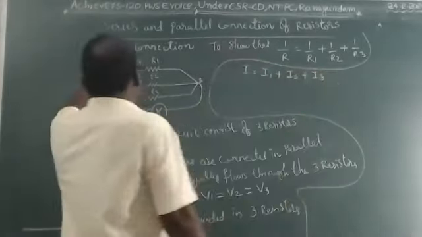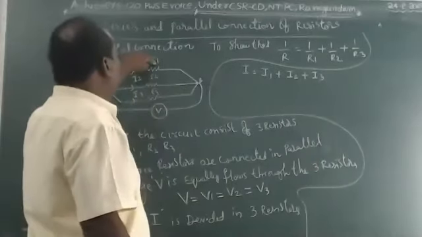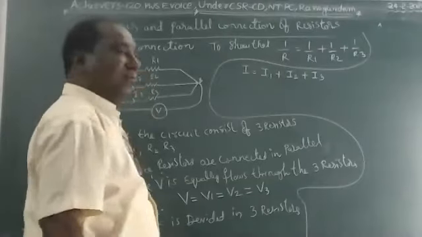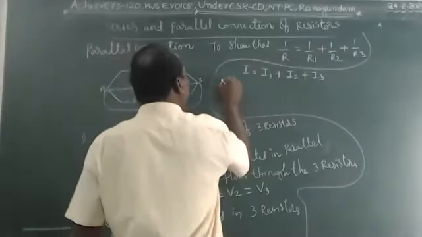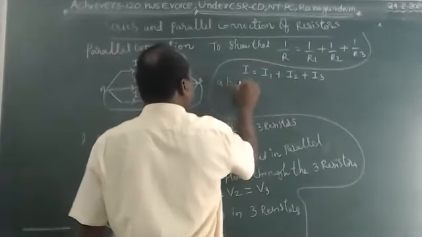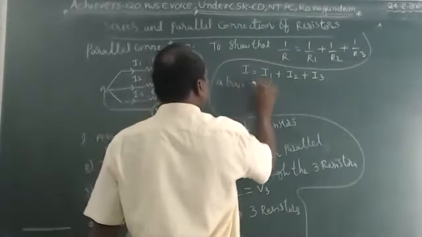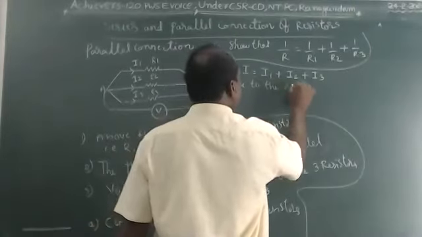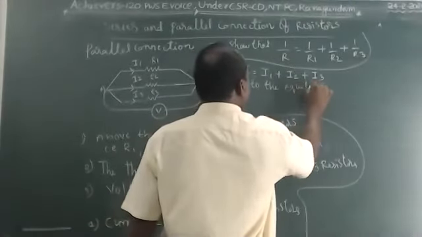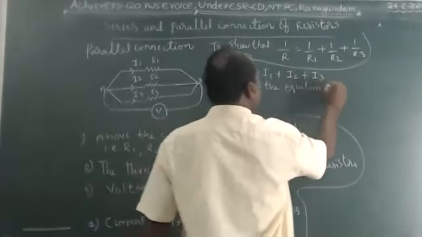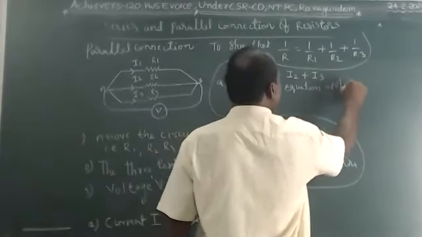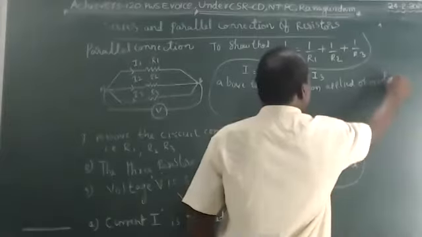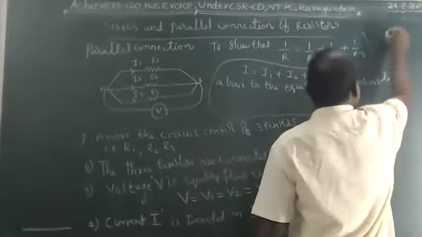See, current I1 is divided in R1, I2 in R2, I3 in R3. Now, to this equation, we apply Ohm's law. Already I told you.